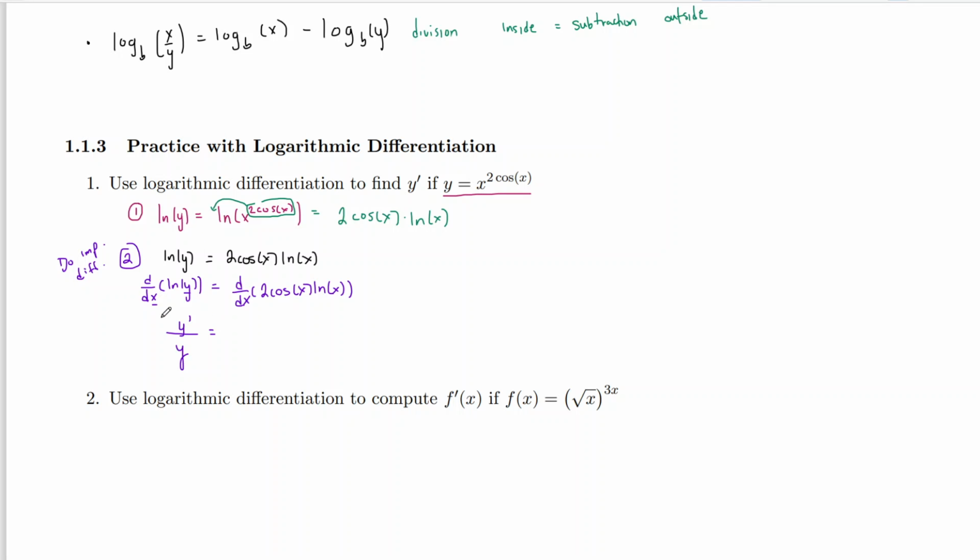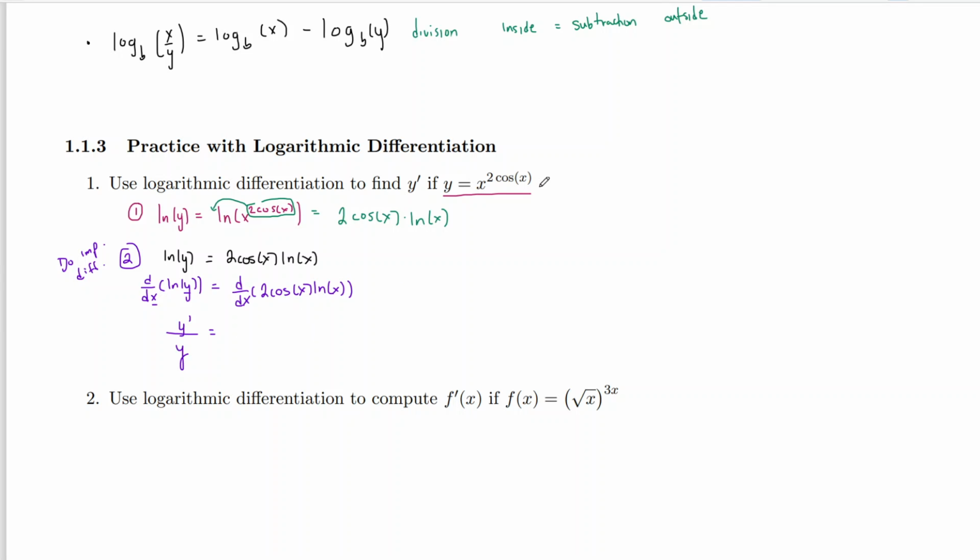When people use formulas referencing logarithmic differentiation, they'll write this y prime over y over here, because you'll do the same steps. But if you try to memorize a formula, which is fine, you're still going to have to go through the process of simplifying the right side anyway. So I don't think it's worth trying to memorize a formula. It's better just to memorize or understand the technique.